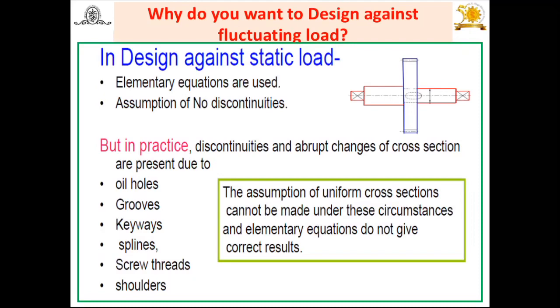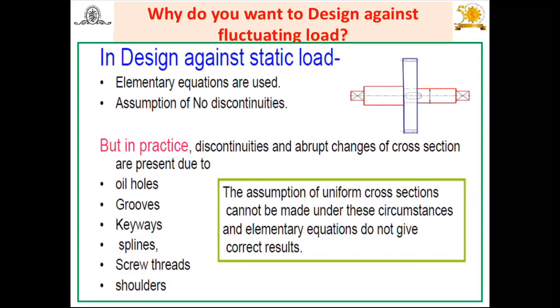In design against static load, in earlier sessions we have seen elementary equations are used. To find the stress by using a simple elementary equation, the force upon area, you get the stresses. Another equation for the bending stress, M into Y by I. Third one is the torsional shear stress, M_T into R by J. By using these elementary equations, we find the stresses when components are subjected to static load.